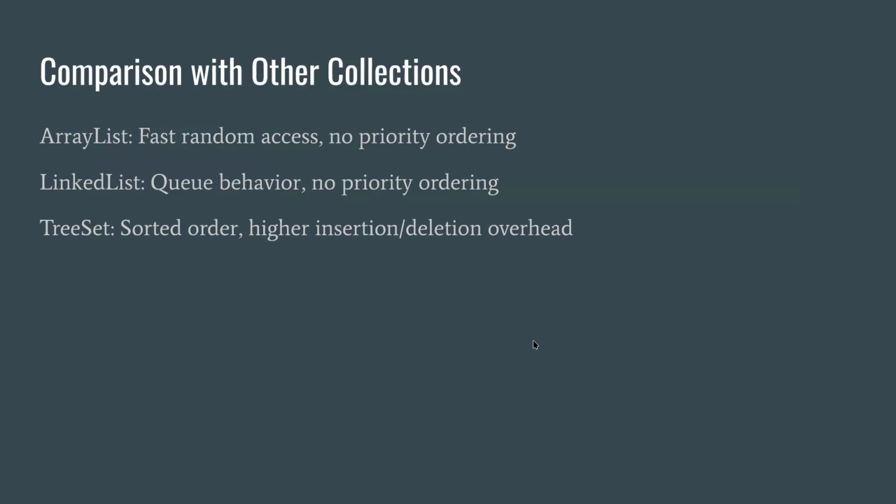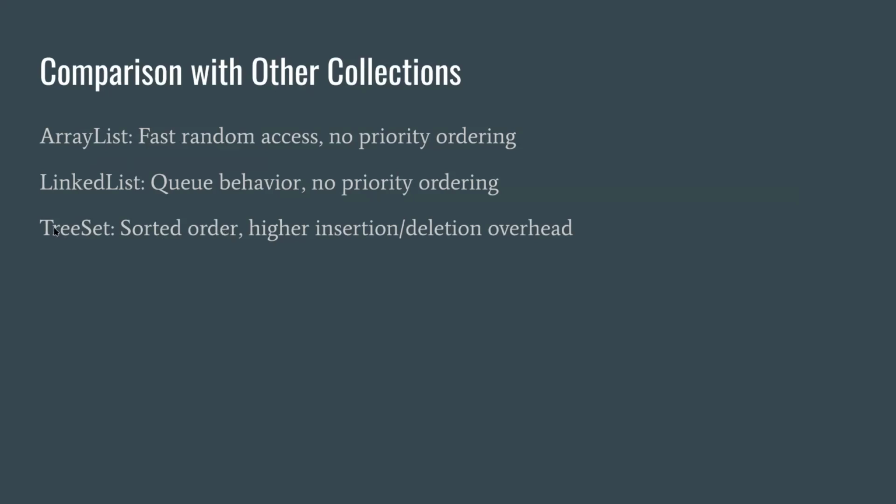Comparison with other collections. If we are to compare priority queue with other common collections, let's look at 3, which are array list, linked list, and tree set. So an array list provides fast random access, but does not maintain any order based on priority. Linked list can function as a queue, but it does not support priority-based ordering.